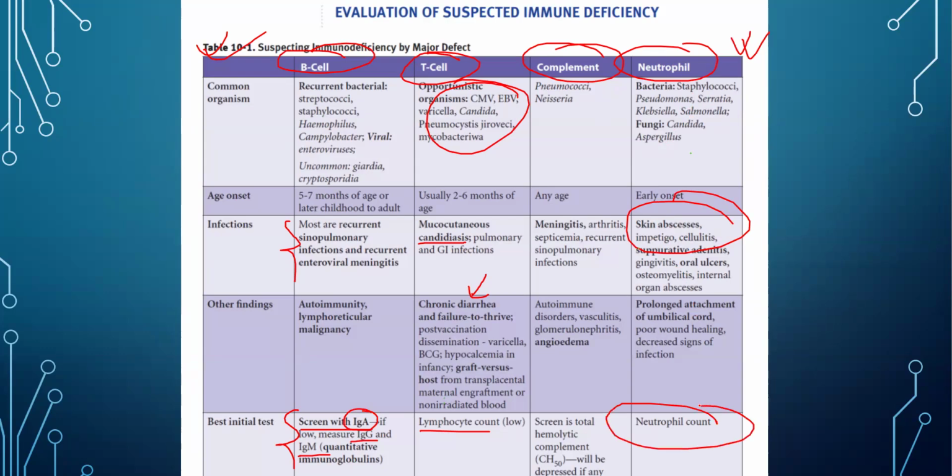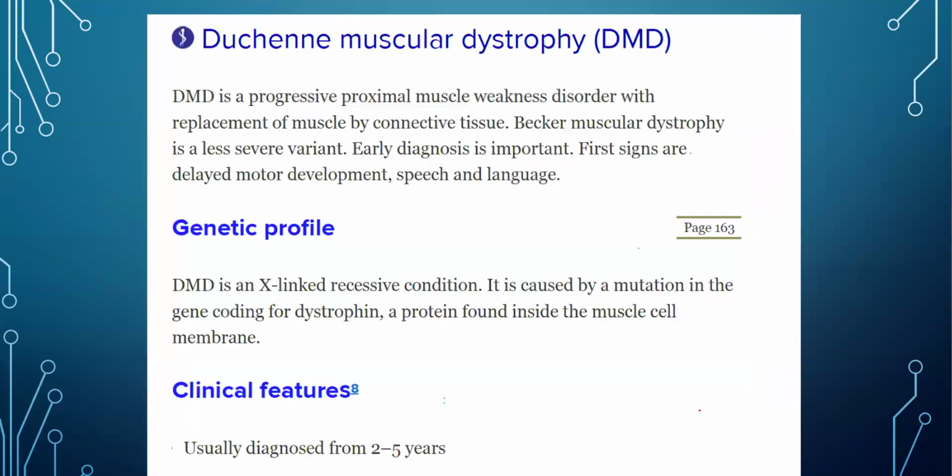And then you do the neutrophil count and it will come out low. So B cell means bacterial infection, T cell means recurrent viral infection, and neutrophil deficiency comes with recurrent skin abscesses. That's how we would normally differentiate.